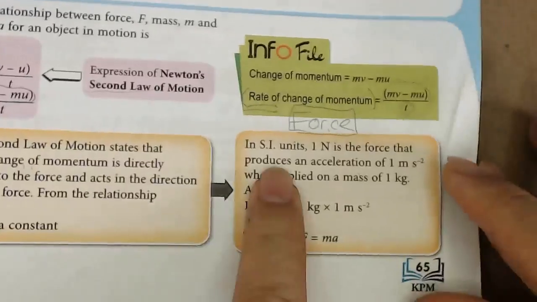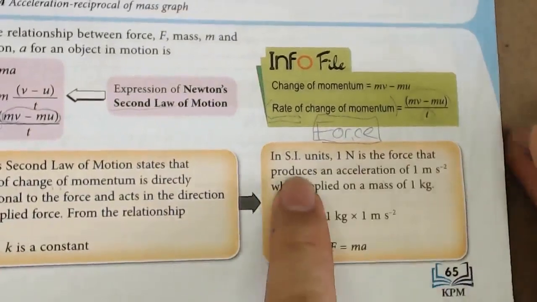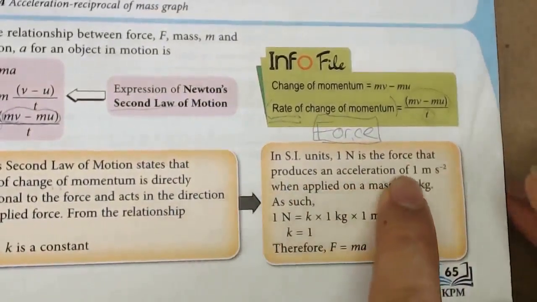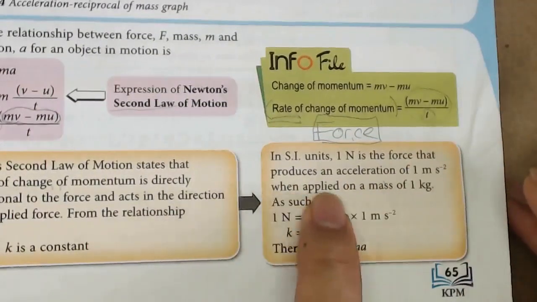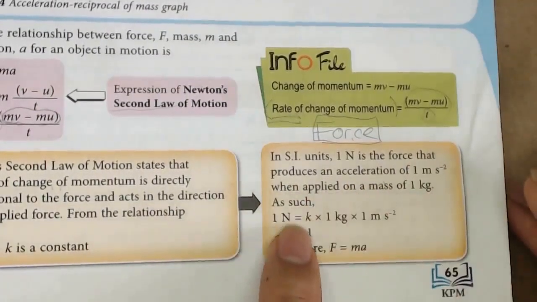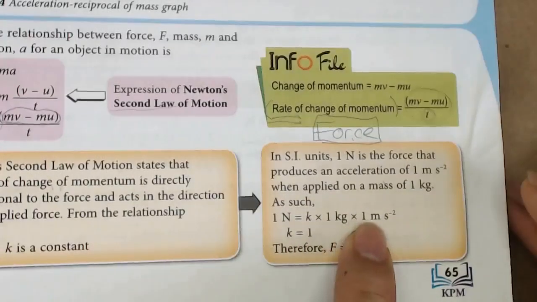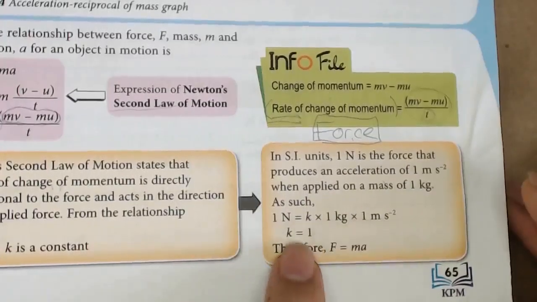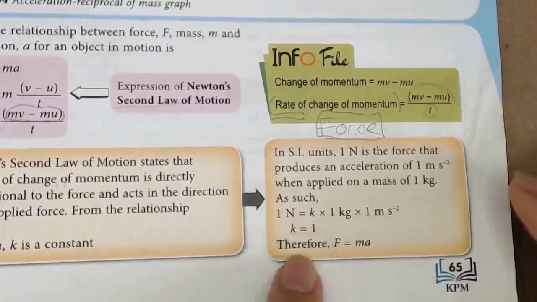In SI unit, 1 Newton is the force that produces an acceleration of 1 meter per second squared when applied on a mass of 1 kilogram. As such, 1 Newton equals K multiplied by 1 kilogram multiplied by 1 meter per second squared. This is why at last we have K equal to 1.